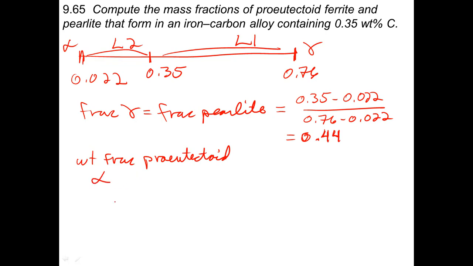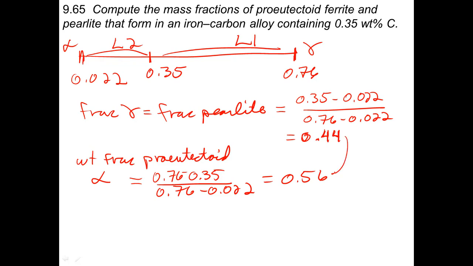We're asked to also calculate the mass fraction of the proeutectoid ferrite. So we can just use that distance L1 divided by L1 plus L2.